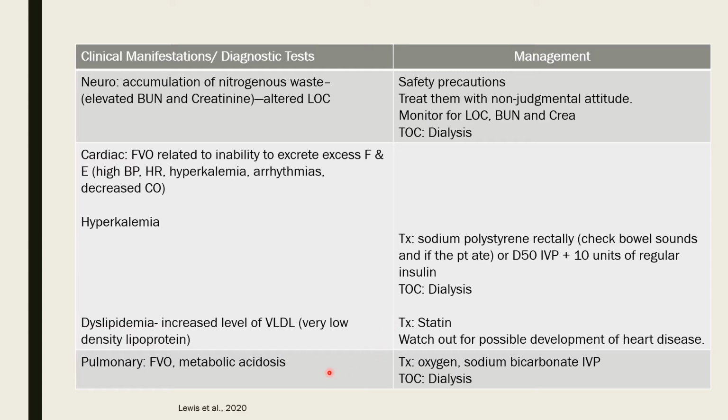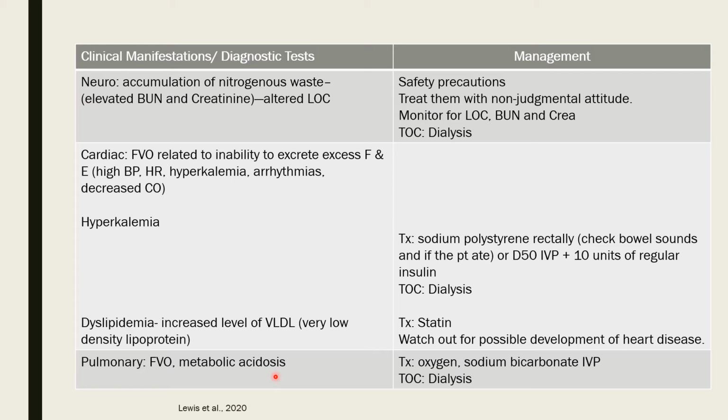Now for pulmonary, remember, they're accumulating a lot of fluids, and their ABG result will be metabolic acidosis. Going back to ABG, the norm is that the kidneys are the ones that regulate bicarb, which is the buffer.